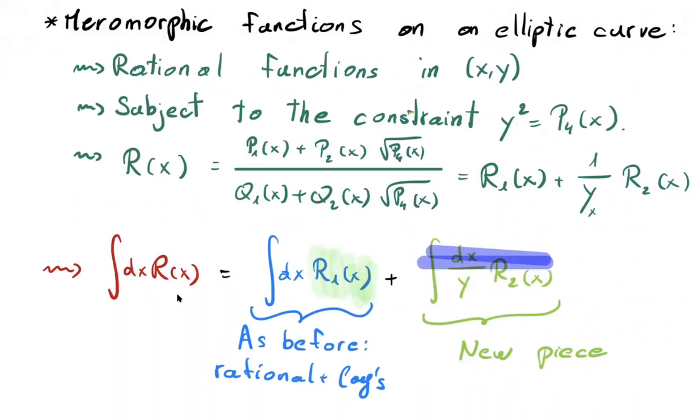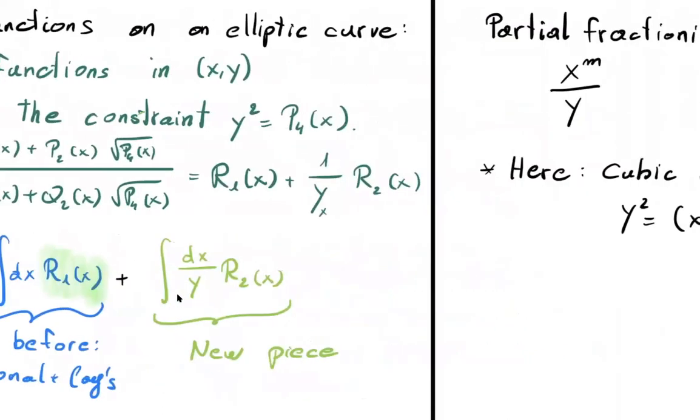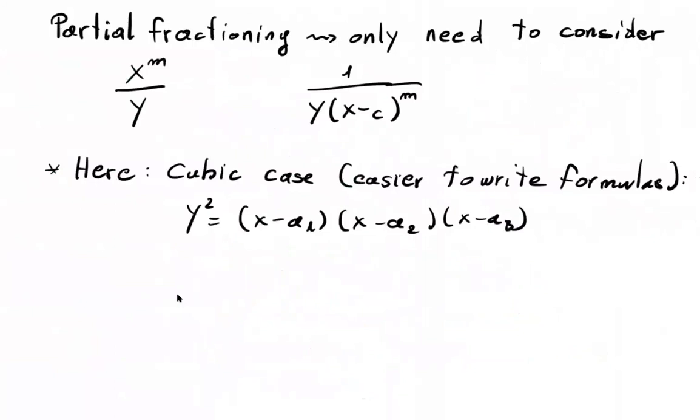And remember that y is actually a square root. So this new piece will be an integral that involves rational functions in x, but also the square root of this polynomial. And again, we can proceed just like with partial fractions.